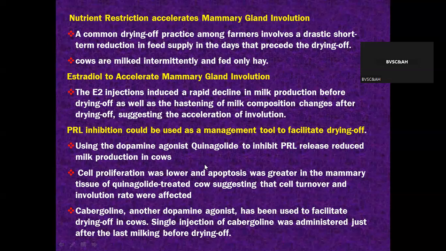drying off. Cell proliferation was lower and apoptosis was greater in the mammary tissue of those treated with agonists of dopamine, maybe quinagolide or cabergoline. They are all agonists of dopamine. If you use them, you are hastening the involution.